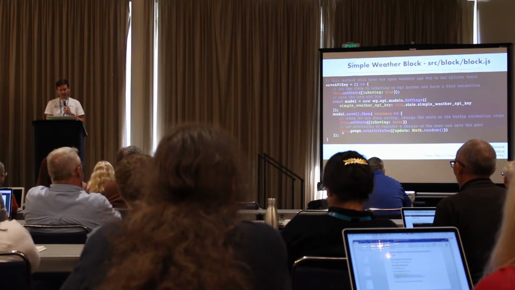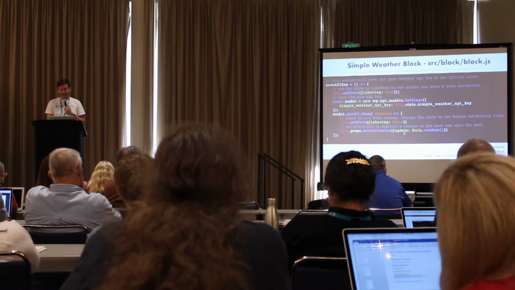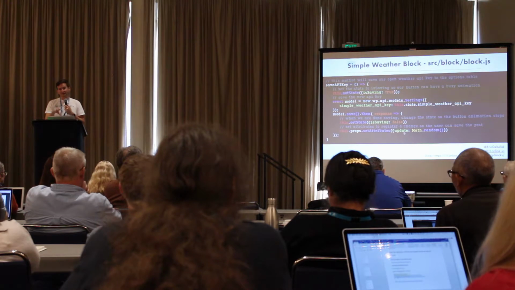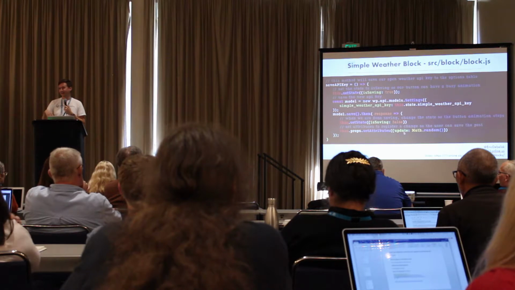And then if you look just down here, I have this update math random. I said before that the editor is aware if you've changed attributes, and since someone has saved the API key, we're just going to do a little fake change to the attributes so that the editor is aware there's a change made and I can save it.